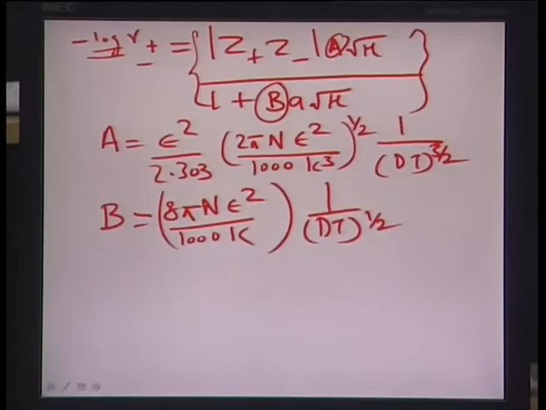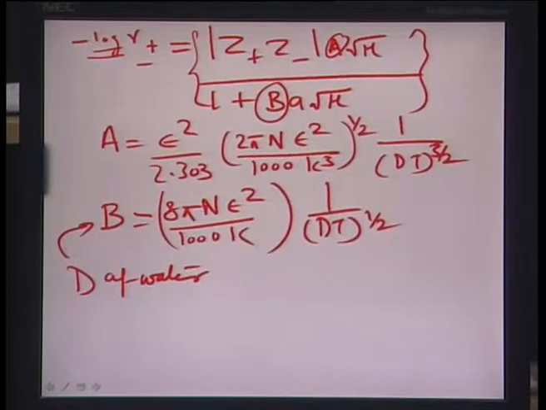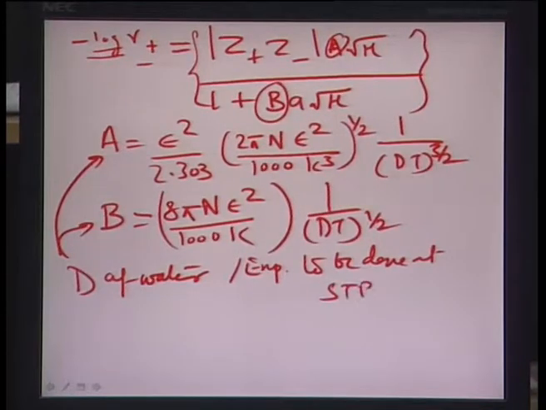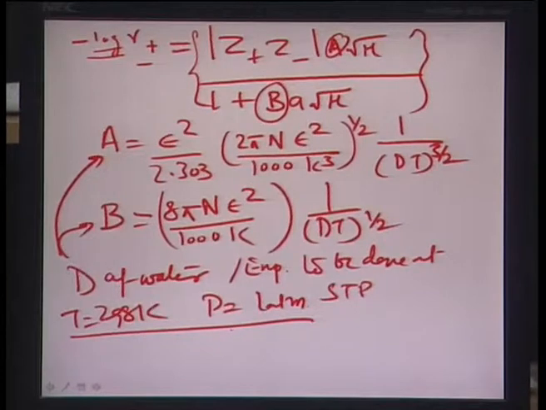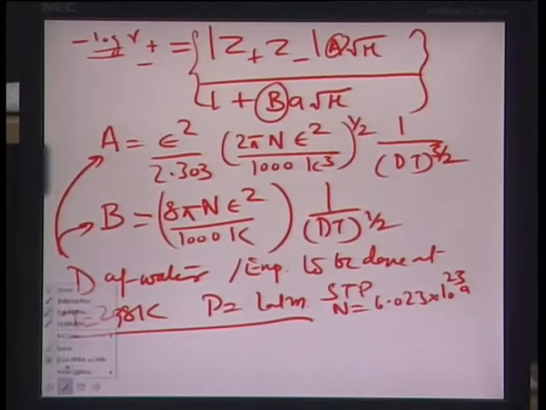So, if we put the value of the dielectric constant d of water in these expressions A and B simultaneously, and consider the experiment to be done at STP, standard temperature and pressure, so 298 Kelvin, 1 atmosphere pressure, this type of condition. And then of course, N's value is a universally fixed value, 6.023 times 10 to the power of 23 numbers of atoms or molecules or charges, as in this case.